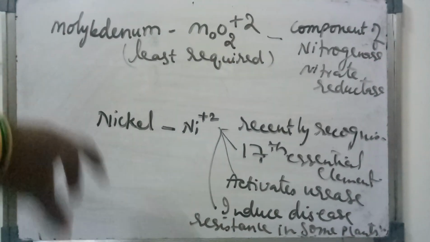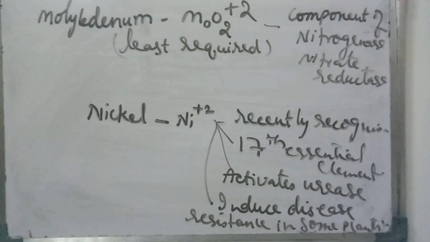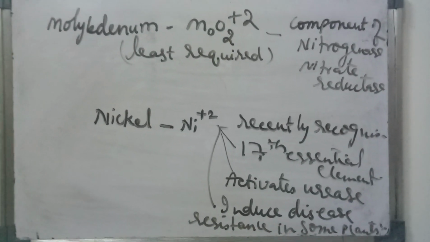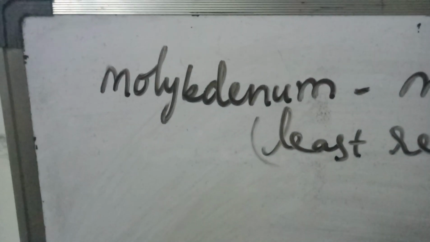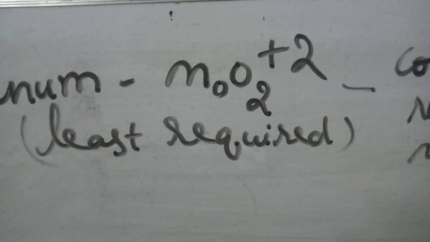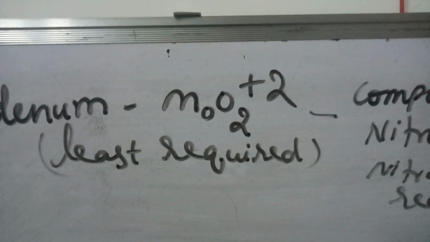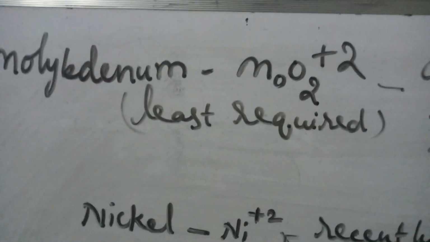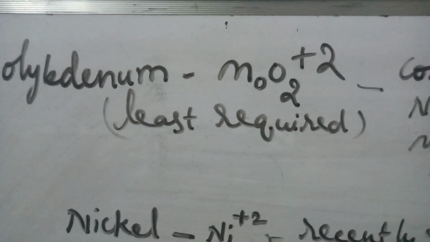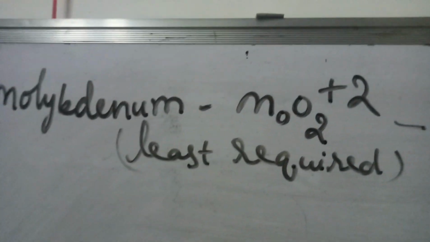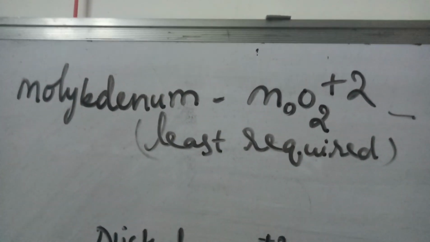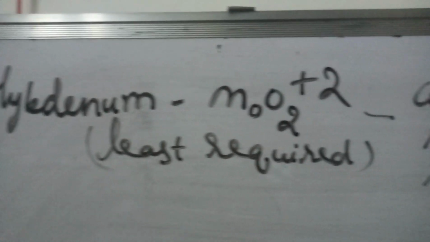Coming to the last and final 2 micronutrients and their roles. First, molybdenum. Molybdenum is absorbed in the form of MoO2+2, a divalent cation. The plant requires molybdenum in very least quantities.